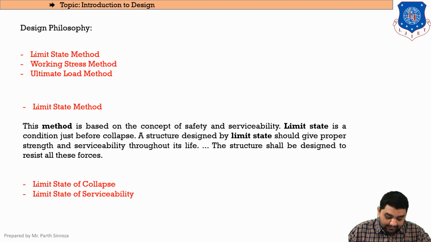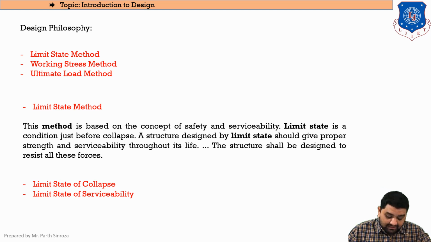Yeah? And then it is said that the limit state is a condition just below collapse. Before collapsing, if it gives a specific condition or criteria that we know that now the building will be degrading or starting to collapse, that condition is called limit state design. We will be designing to that point, not to the extreme point.